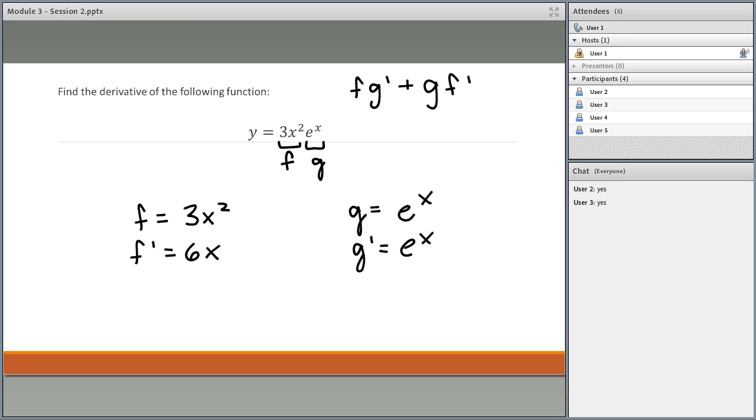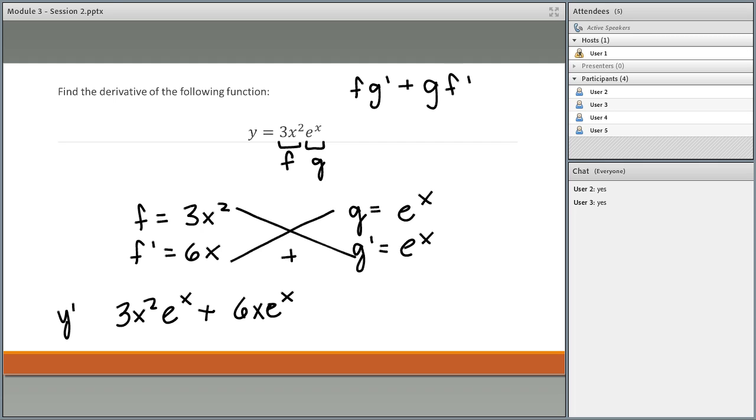So what I can do, if you write it this way, is I can always cross multiply and add. So f g prime is 3x squared e to the x plus 6x e to the x. And that is y prime.